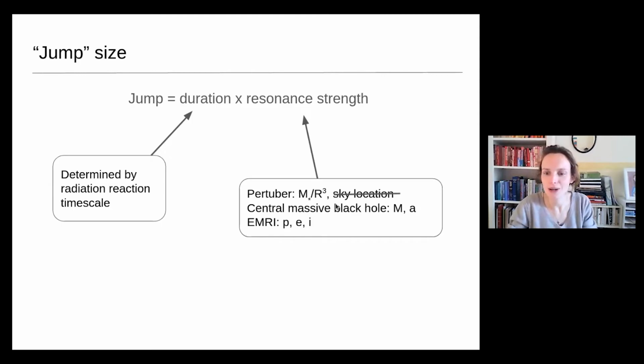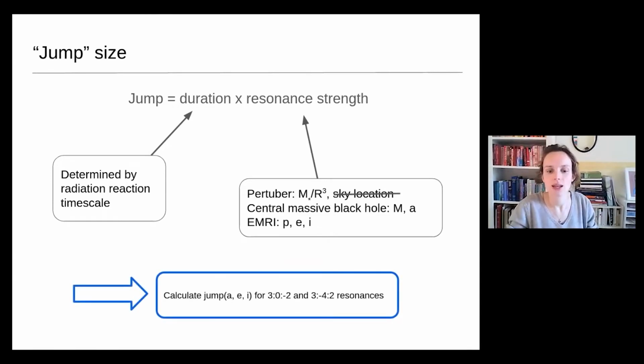Now, for now, I'm going to ignore sky location because it's not super sensitive to sky location, as it turns out. And I will show you a few cases where we've calculated the jump for a given spin parameter, eccentricity, and inclination.